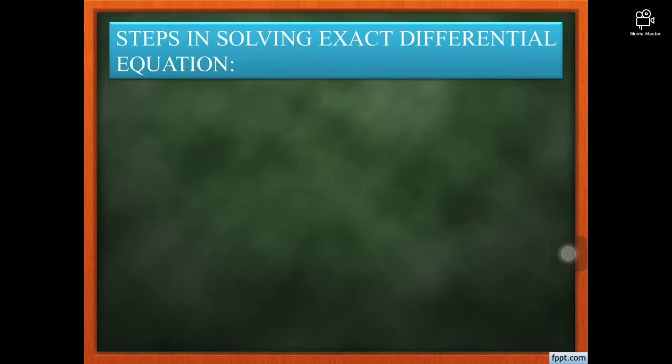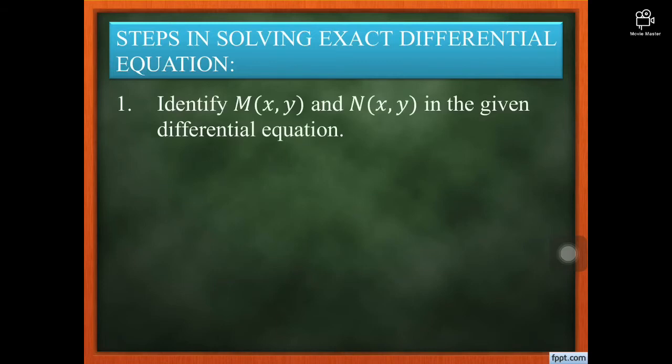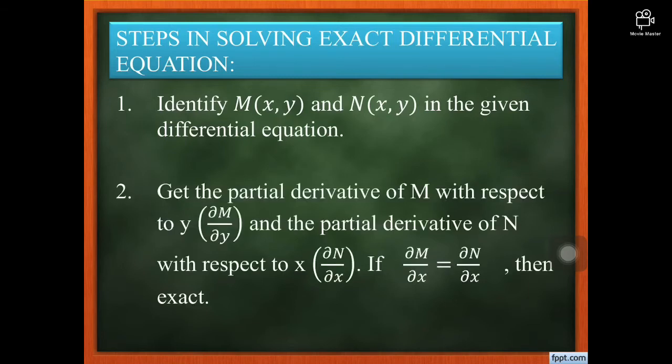Now we can proceed with the steps in solving an exact differential equation. First is to identify our function M and N in the given differential equation. Then we proceed with the partial derivative of M with respect to y and the partial derivative of N with respect to x, and compare both.